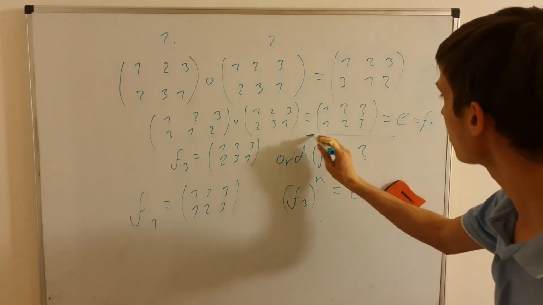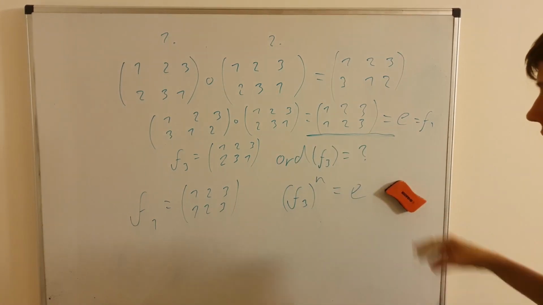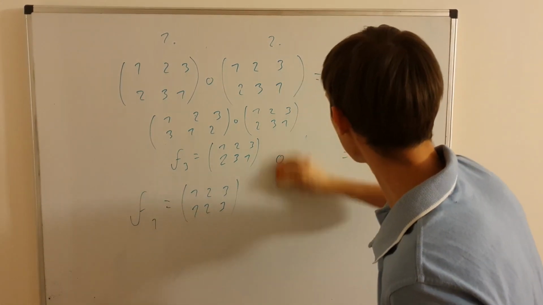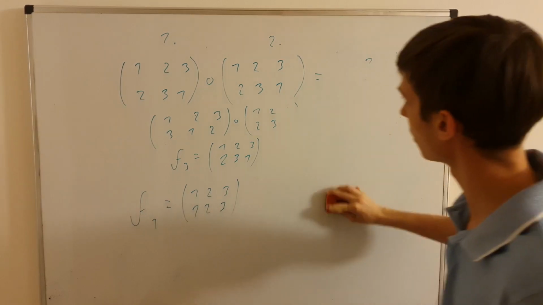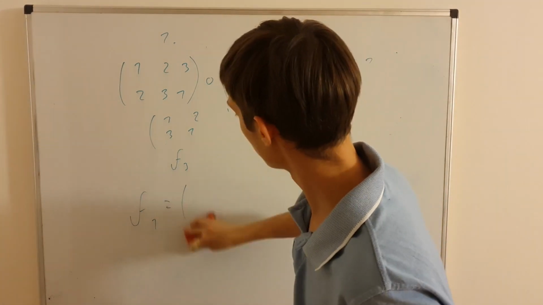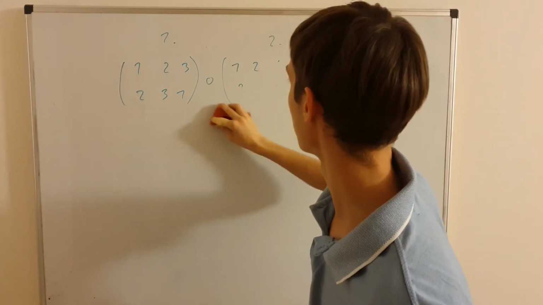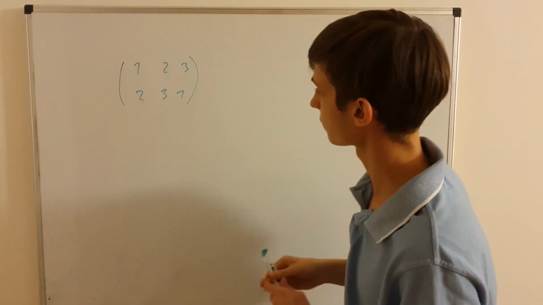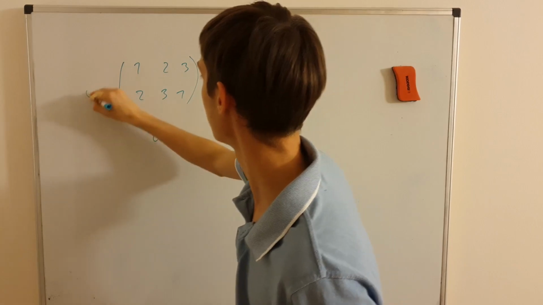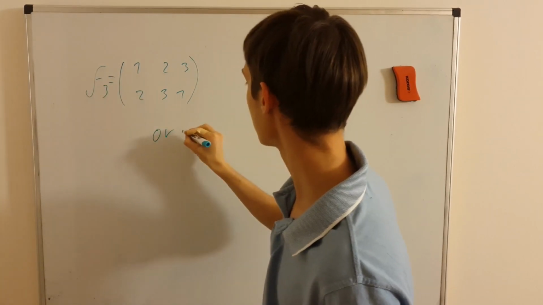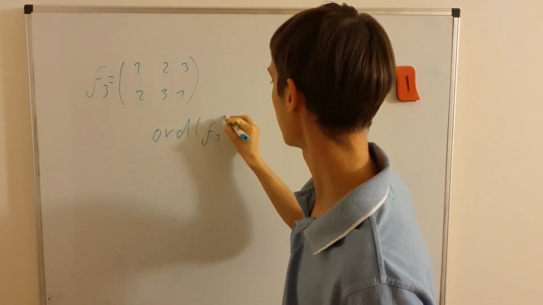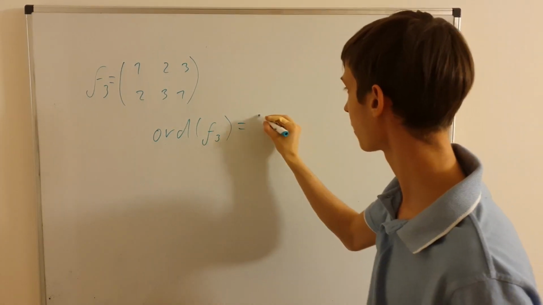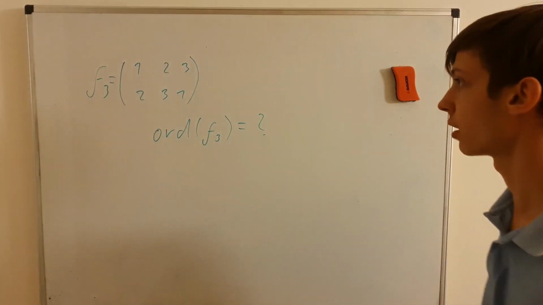Alright, so now that we've already reached it, I can delete this and look at how many times it took to finally get to this element. What was looked for was the order of F3: how many times it had to be put into operation with itself. That's this question mark.